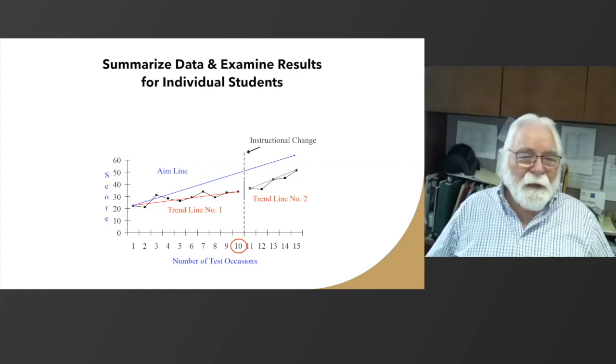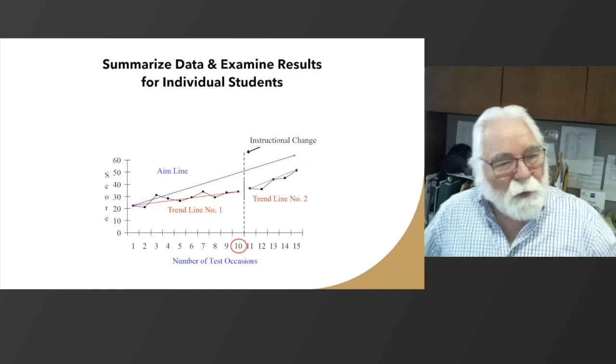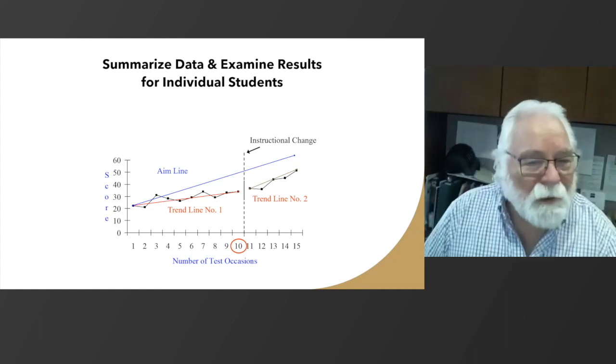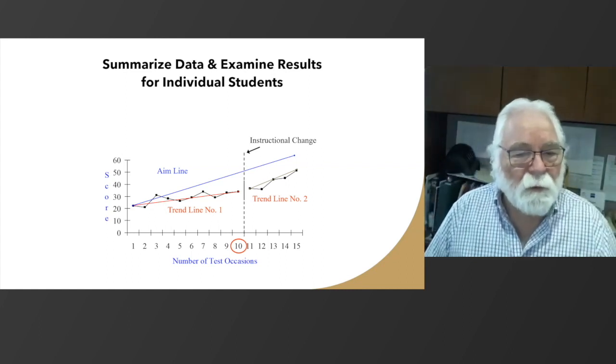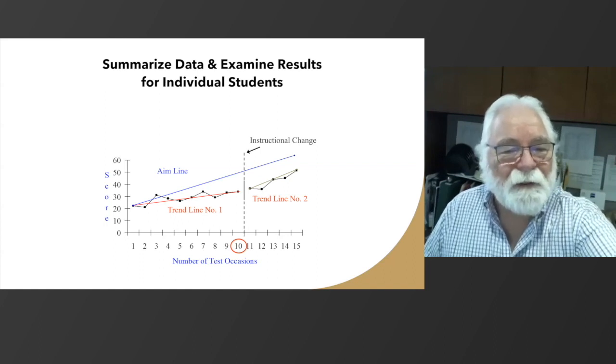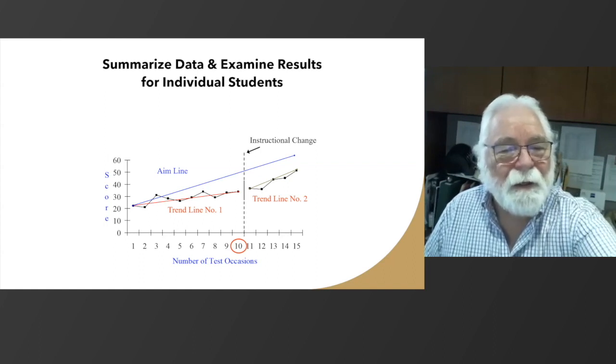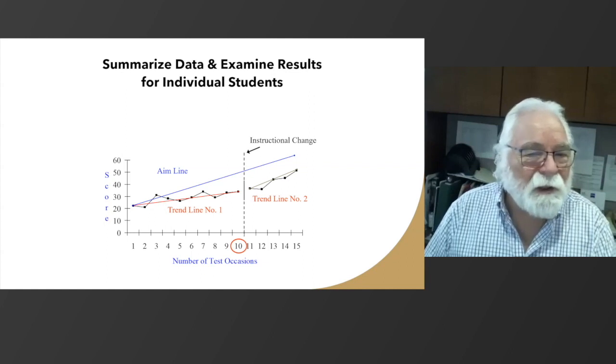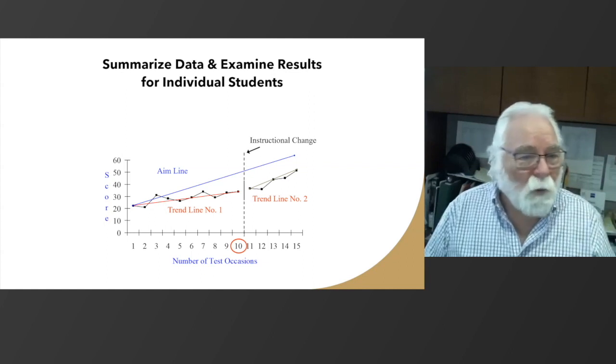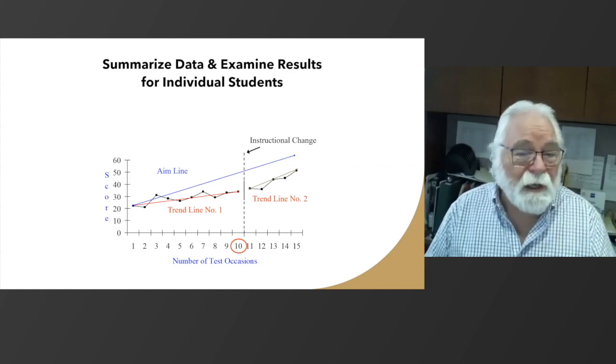They're making growth here, but it's not really closing the gap. If you were to extend that red trend line out to week 15 at the same incline, you're not really getting as close to that aim line, that goal that you set.